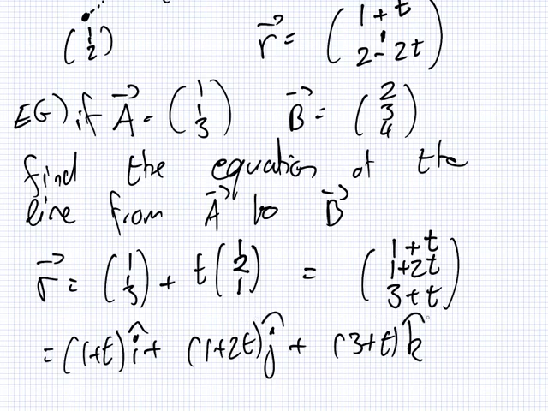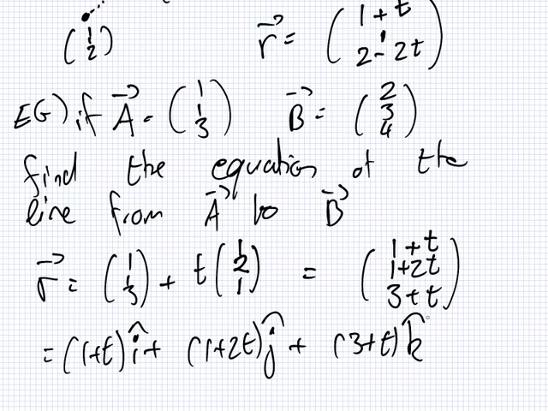Okay, so if you remember, this is when you have 2 points, but there are other ways to make a line. If you think back to semester 1, I can give you 2 points, or what else? Parallel, right?